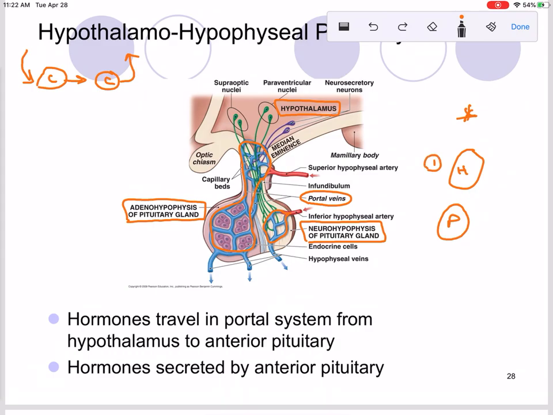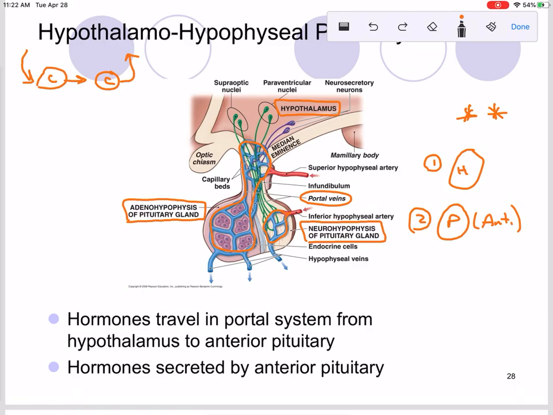Let's talk about the functional relationship. And the functional relationship is that we have a portal system of two capillary beds, one in the hypothalamus, and we tend to talk about it as the second capillary bed being in the anterior pituitary gland. So I'm going to put anterior pituitary gland. So let's define it this way. That's why I'm putting stars.